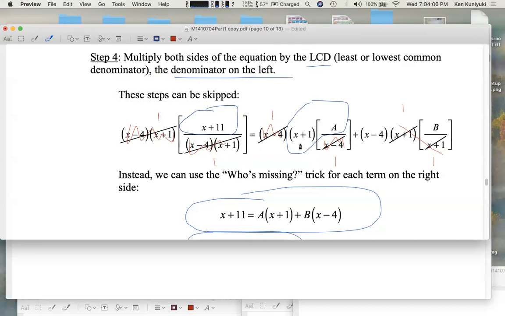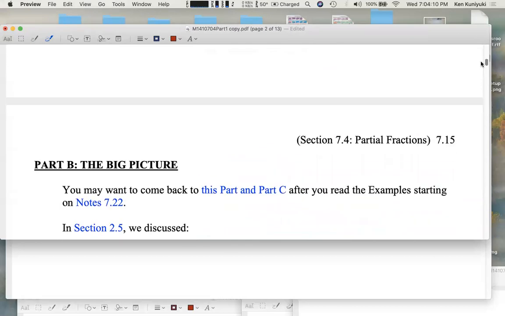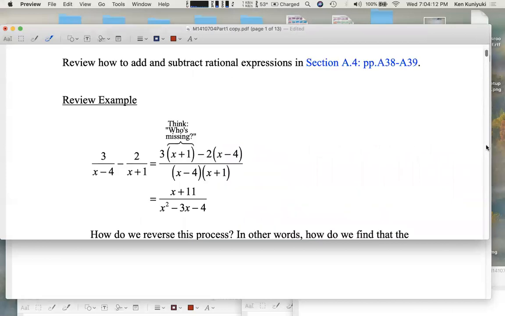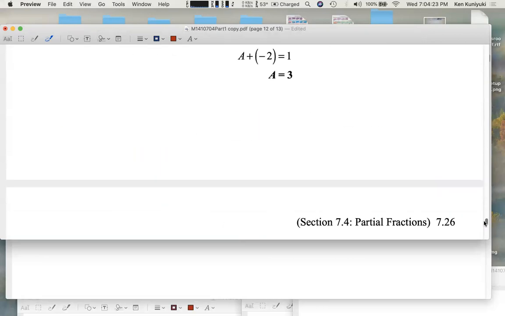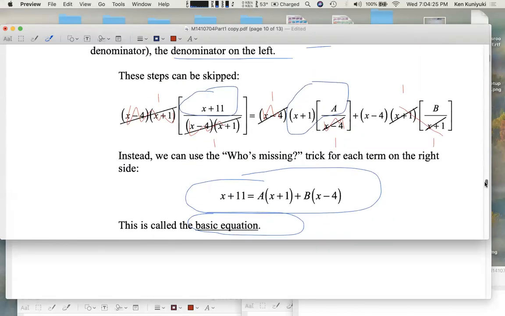And again, like early on, you can think of the who's missing trick. Remember early on, when we were first thinking about subtracting these rational expressions, we were thinking who's missing? Who's the factor I have to attach to these numerators? Well, the who's missing trick can also work over here, in the sense that we're asking, who are the survivors?